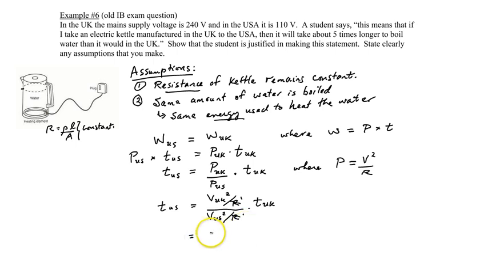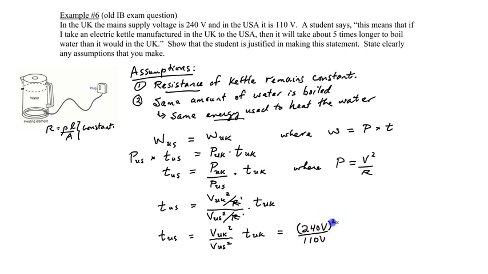So now we have the following equation: voltage in the UK squared divided by voltage in the US squared times the time in the UK. And now we can substitute in our voltages. The voltage in the UK is 240 volts, and the voltage in the US is 110 volts.